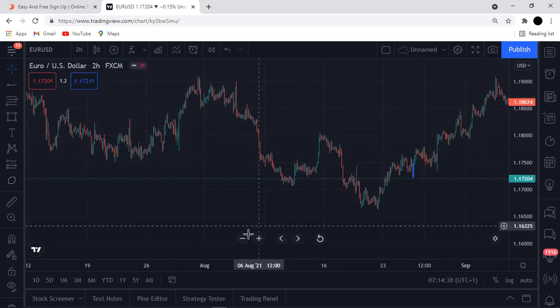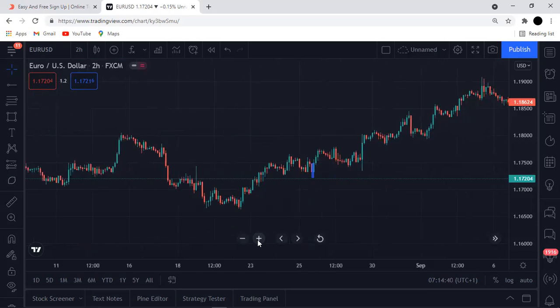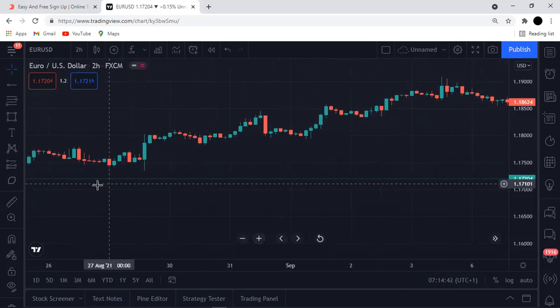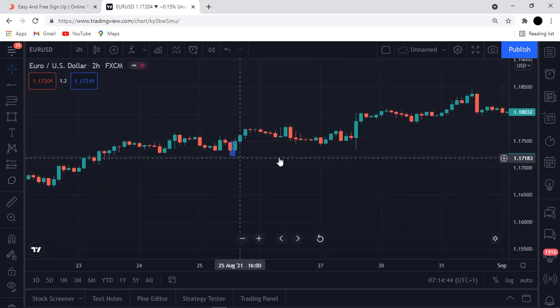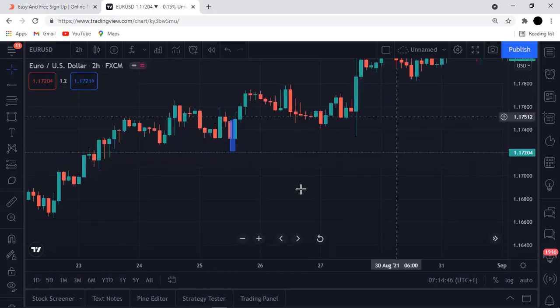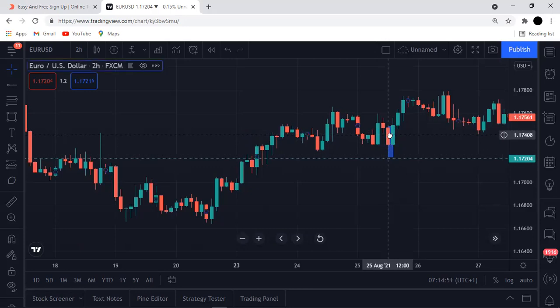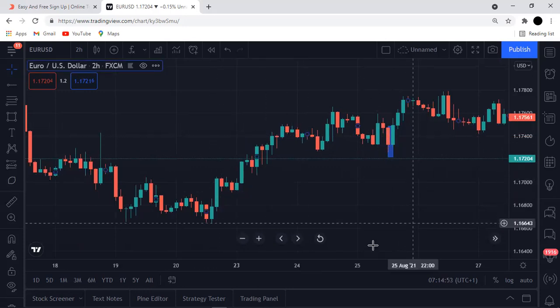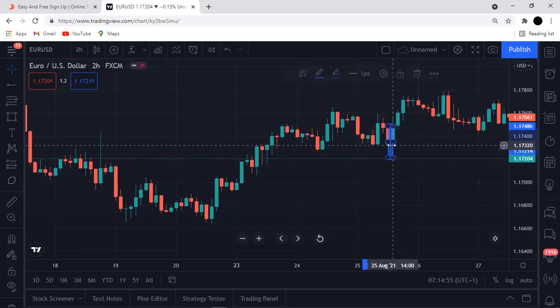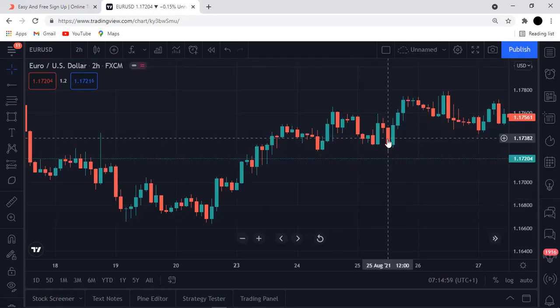Okay, here it is. Oh, it fell in between. It fell in between 2 hours candle, so you might not see it. You might not see that. It fell in between these two guys.